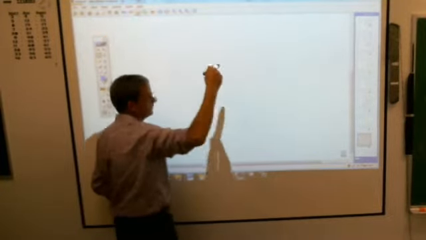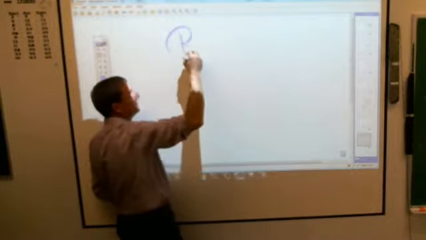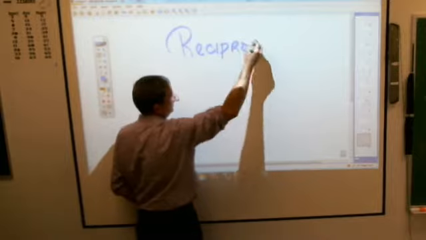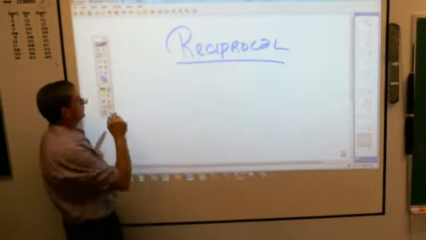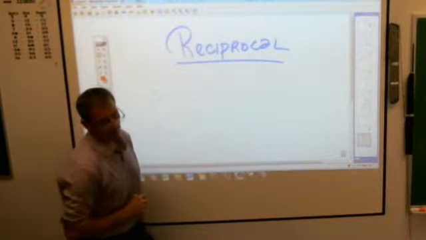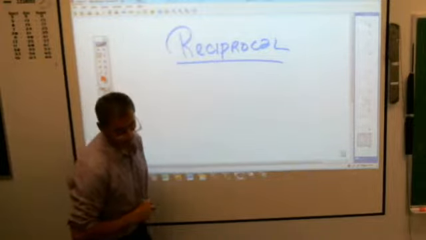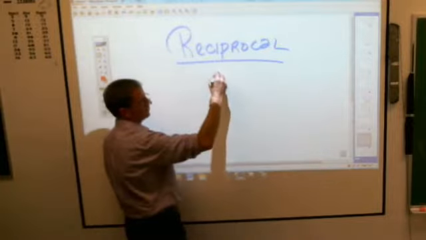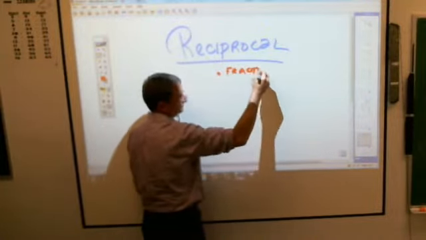Take out a blank piece of paper and write, just so you have it in your book, the word reciprocal. We did this last year. What does reciprocal mean? The reciprocal is simply the fraction flipped over.